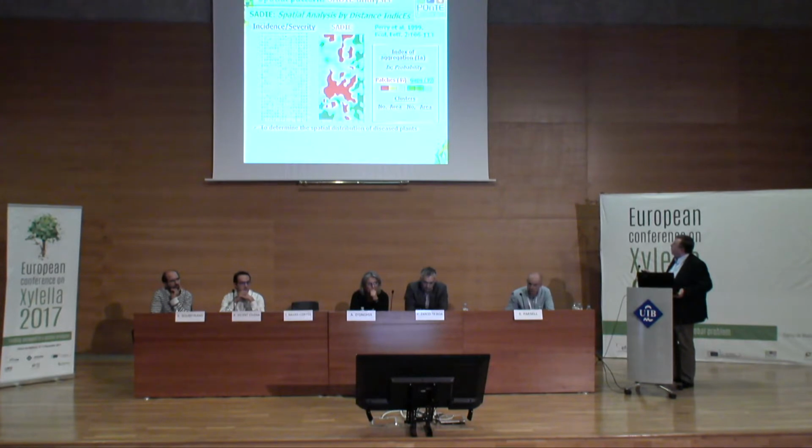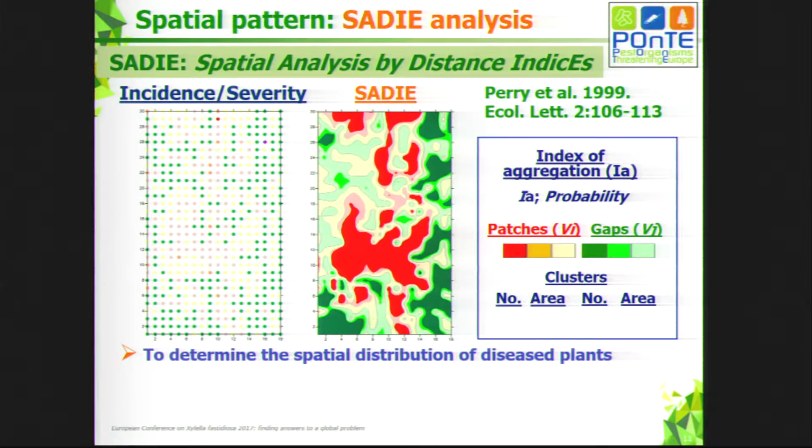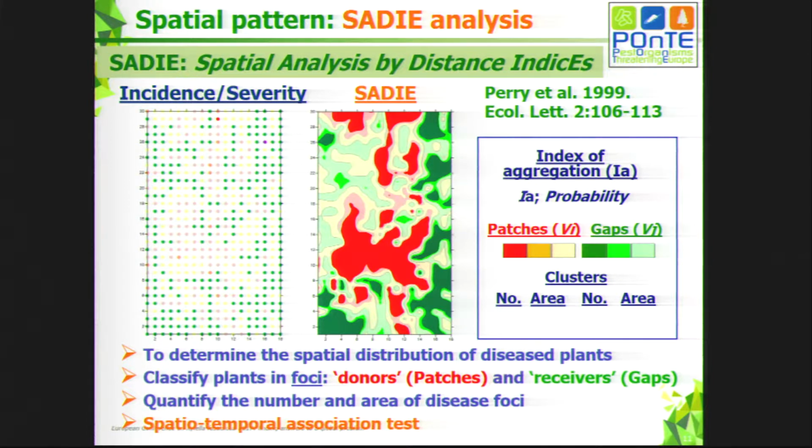In red colors are the different probabilities that a particular tree belongs to a patch, or in the green colors, to a gap. So with this analysis you can classify the plants, as I already said, but also you can apply a spatio-temporal association test, so you can compare statistically two consecutive assessments or two assessments that have the same coordinates.